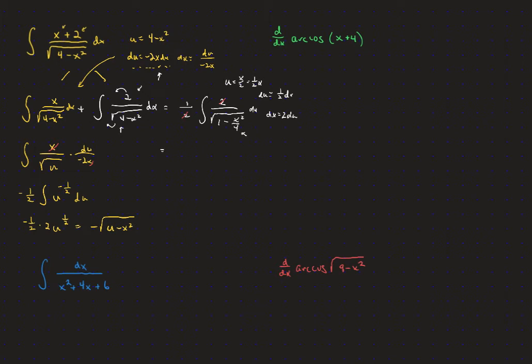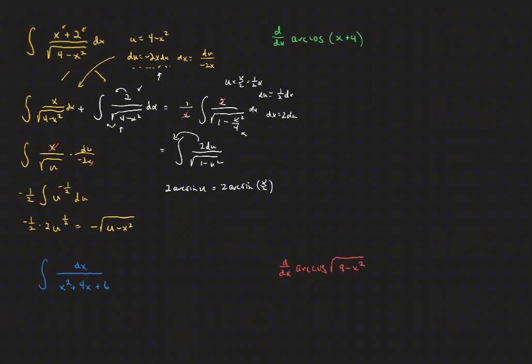So our integral now is going to look like the 2 du in the numerator, replacing that dx, and the square root of 1 minus u squared in the denominator. That 2 can come outside, and the integral of 1 over the square root of 1 minus u squared is going to be our arc sine of u, which we're going to call arc sine of, I guess, x over 2.